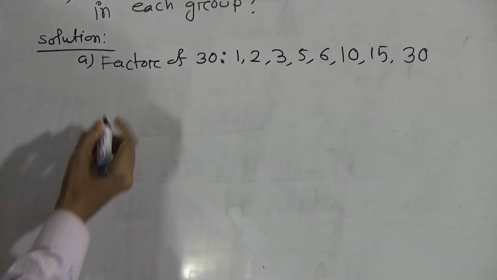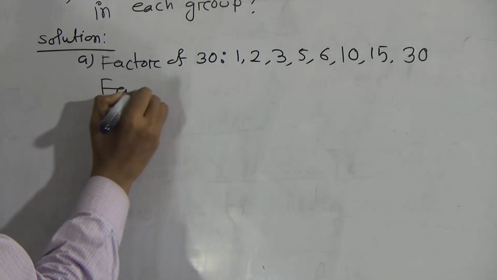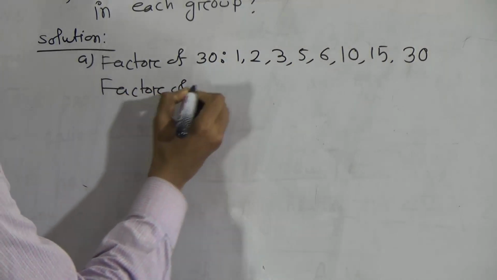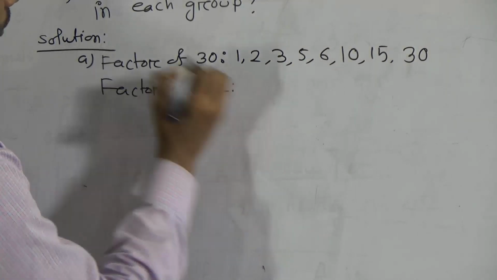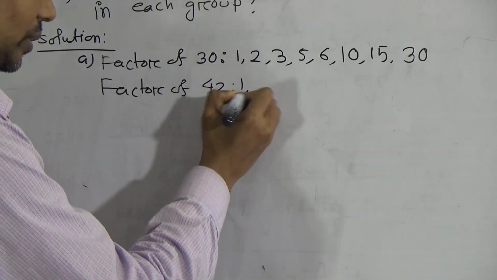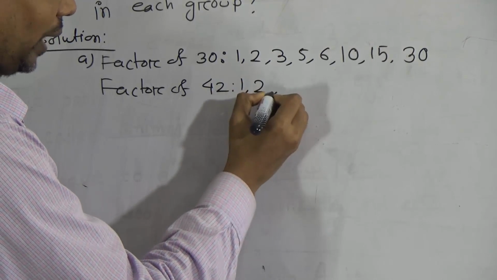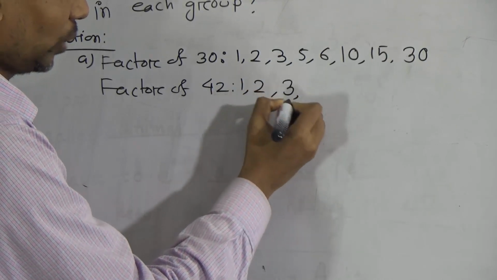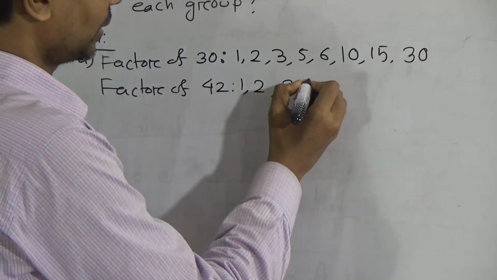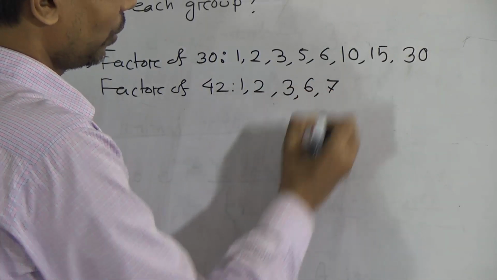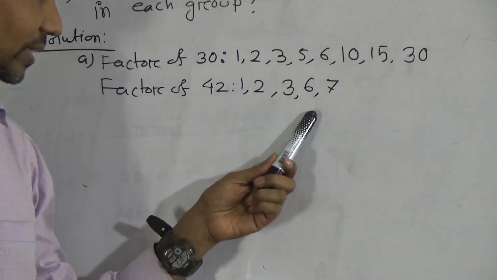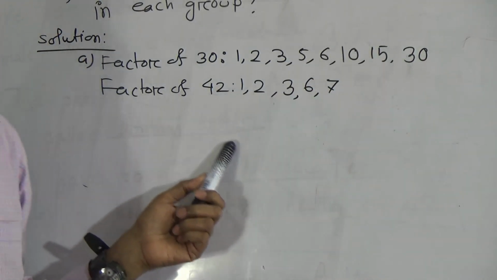Now factors of 42. What are the factors of 42? 1, then 2, then 3, then 6, then 7. Student, if you divide 42 by 6, then we get 7.